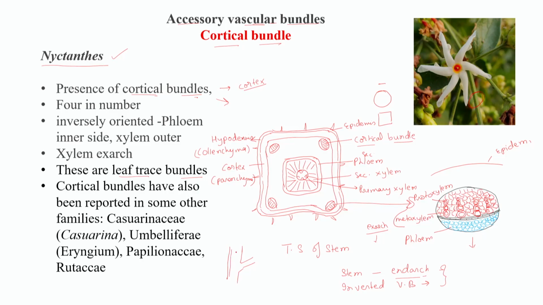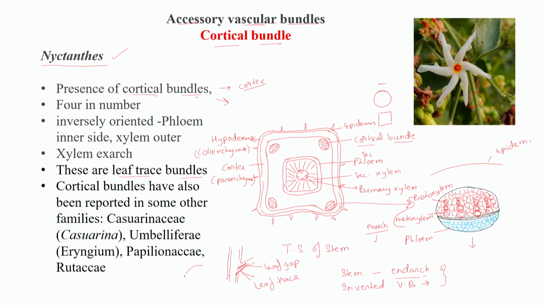The vascular strand which enters inside the leaf is known as leaf trace, and the place where it enters the leaf forms a gap, which is the leaf gap.